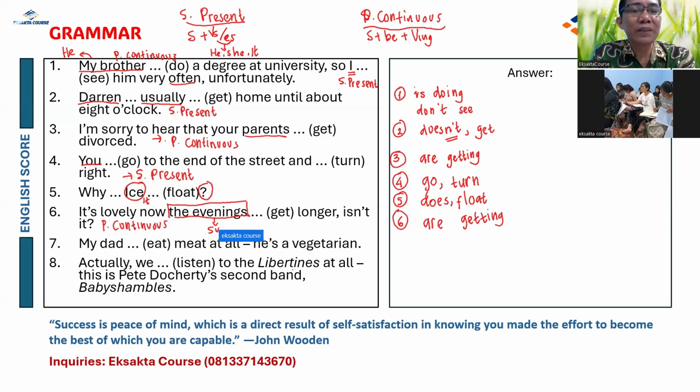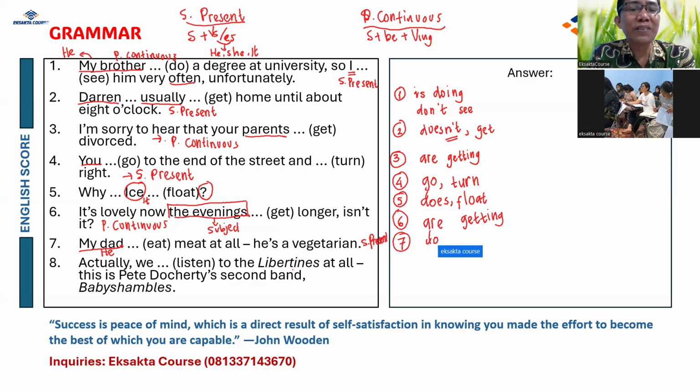Now number seven. My dad, blank, eat meat at all. He's a vegetarian. It is simple present. My dad, you know that the subject is he. So for negative, if she, he, it, use doesn't.